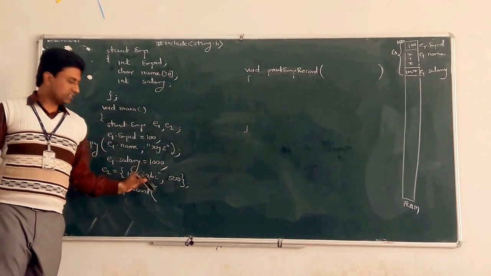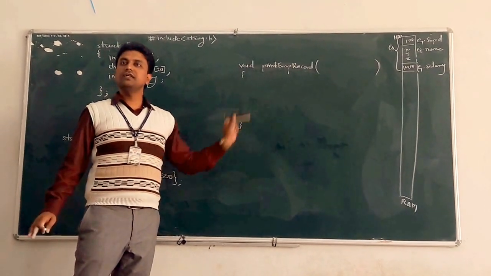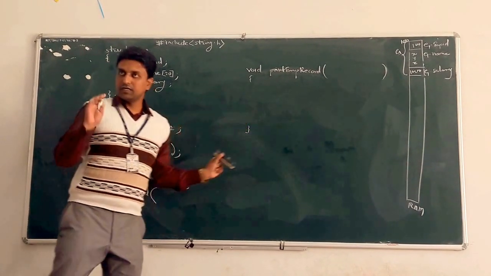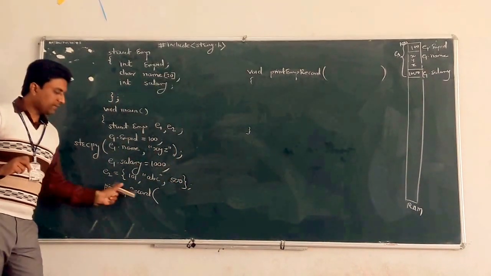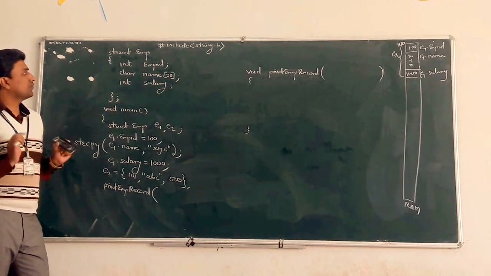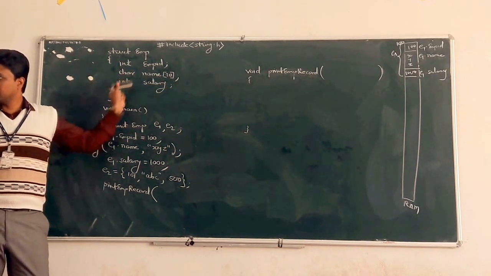What is the work of this function? To display the record, or print the record on the console. Clear? So we can pass separately, for example, just employee ID and salary, not the whole record.